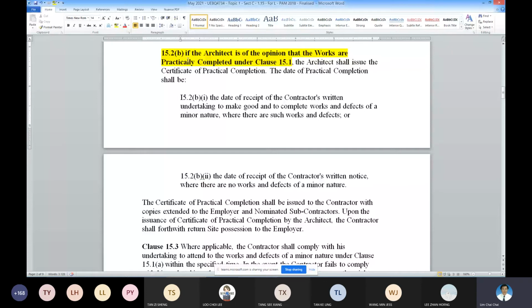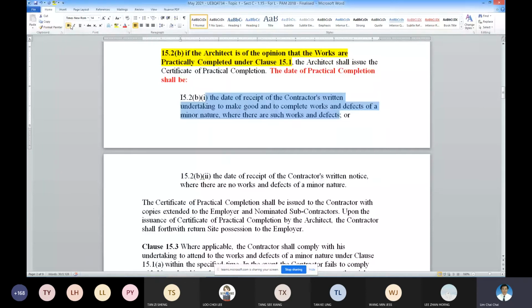If it's 2b, then another thing is, when does the CPC date commence? Okay. So the date of CPC shall commence based on this criteria. Okay. The date of receipt of the contractor's written undertaking to make good. Is it correct? Earlier we have this item, the first list.